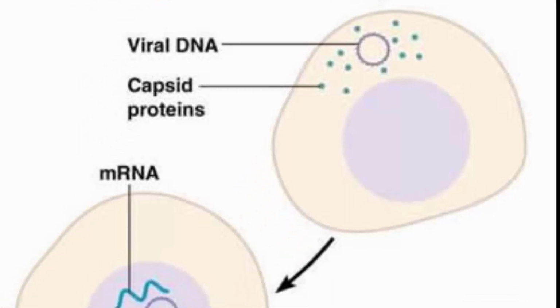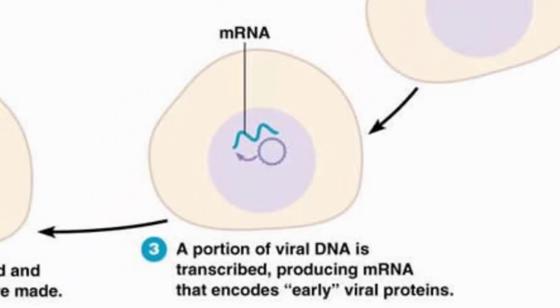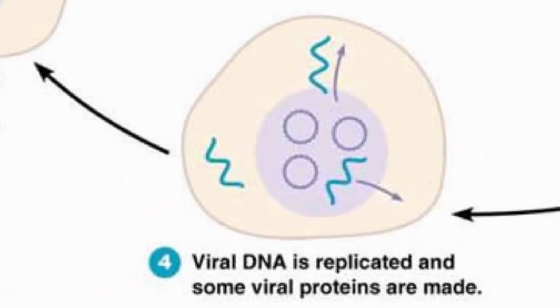Then the process of transcription and translation produces new viral DNA and new viral proteins that will serve as structural proteins for the capsule and enzymes to create new viral particles.